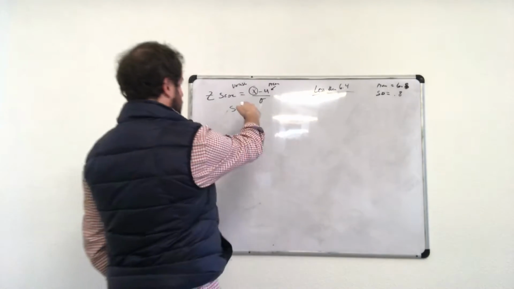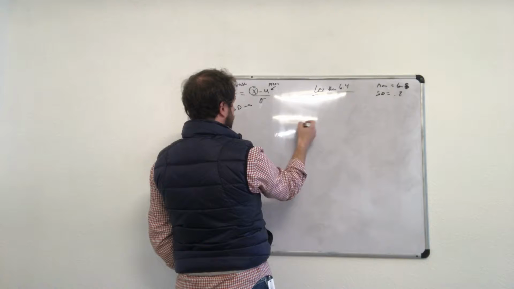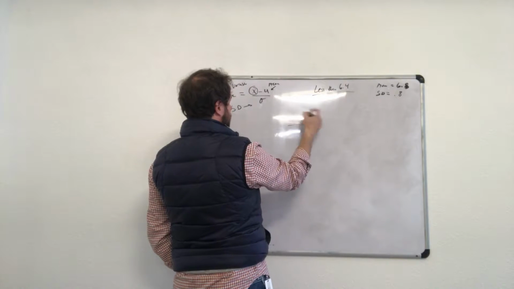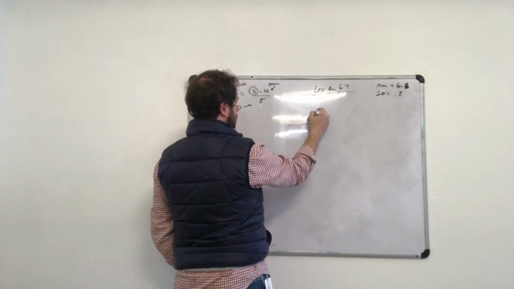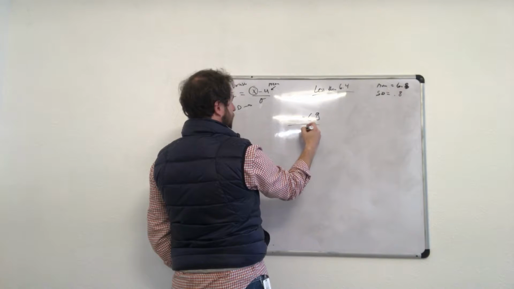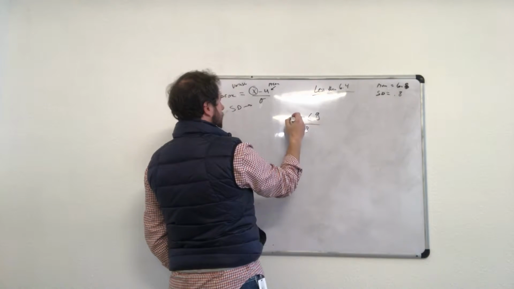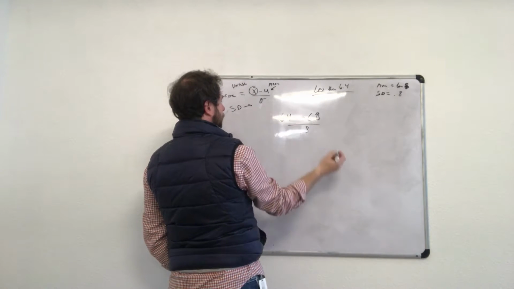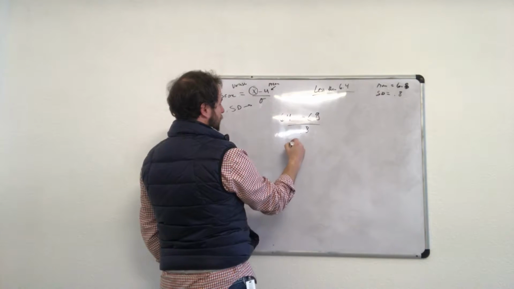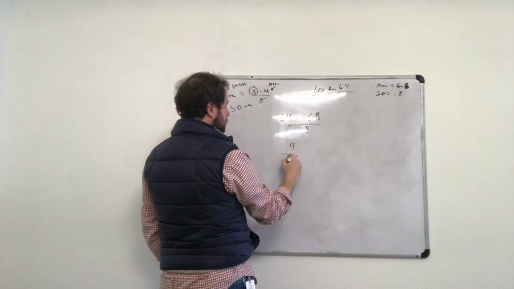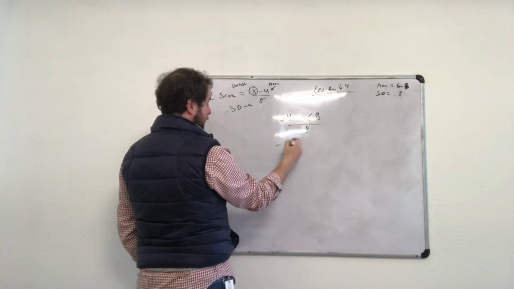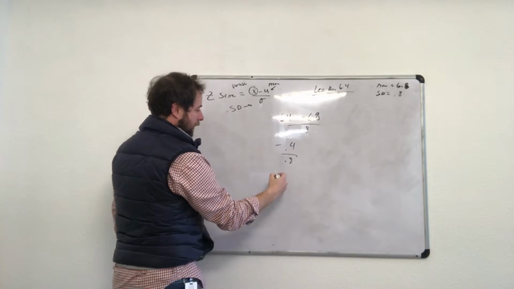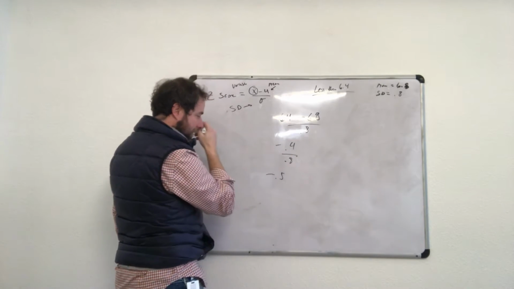So the way we do that, we take this formula, and if we're finding the z-score, the mean is 6.8, the standard deviation is 0.8, and the variable is 6.4. So it would be negative 0.4 divided by 0.8, which is negative 0.5.